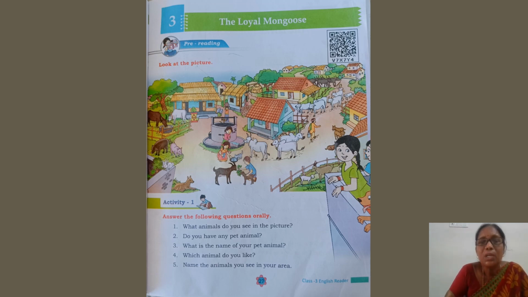Did you have any pet animal, Amma? Any pet dog? Yes, you have a pet dog. Your friends have a pet cat. What's the name of your pet animal, Amma? Did you give any name to it?